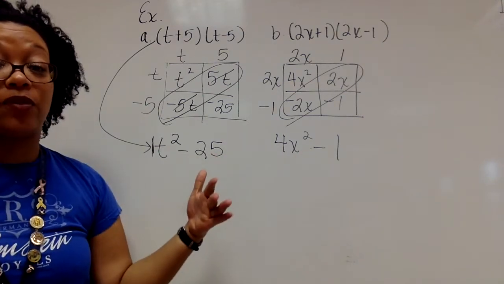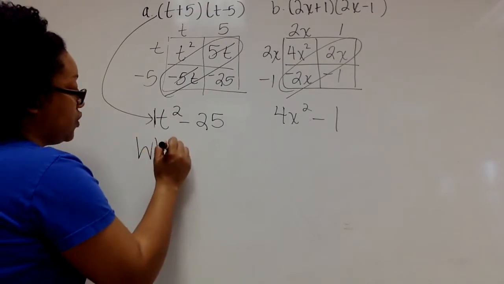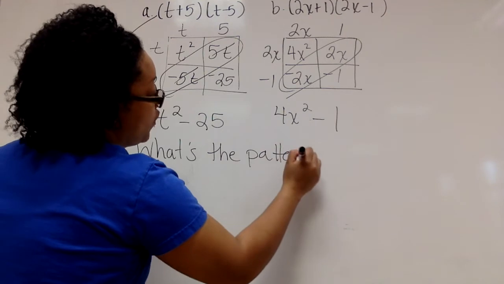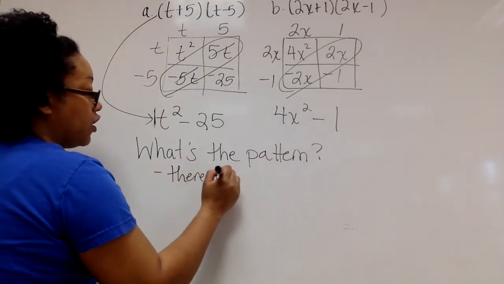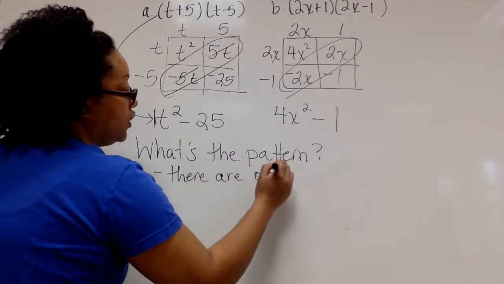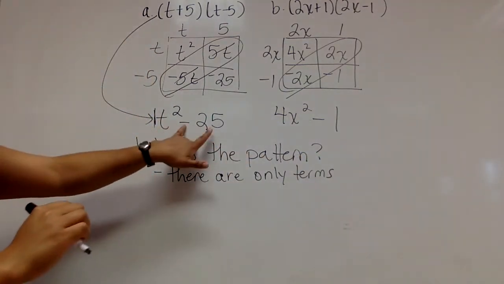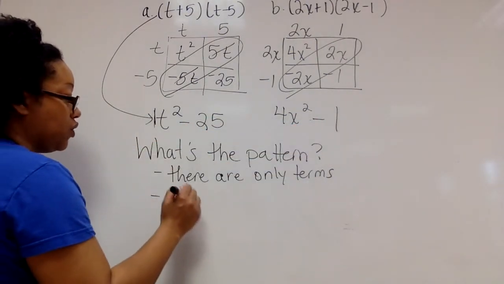So when you're looking at your pattern, so you see where it says, what's the pattern, or whatever it says on your notes. What's the pattern? Well, the first thing I hope that you recognize is that there are only 2 terms, all right? No middle term. There are only 2 terms. And also, what is the sign in the middle? You're always subtracting. So let's write that down too.